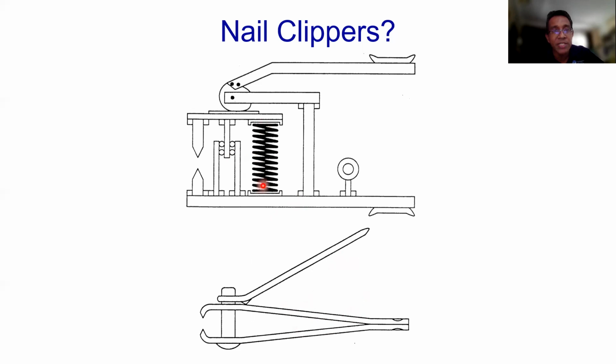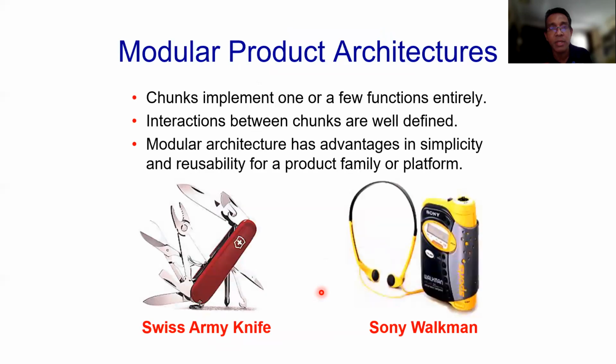For example, the spring function is combined with this straightening function to make sure the function is still there, but the components, the chunks, are combined to reduce the cost, reduce the manufacturing, and increase the productivity and quality of the manufacturing.